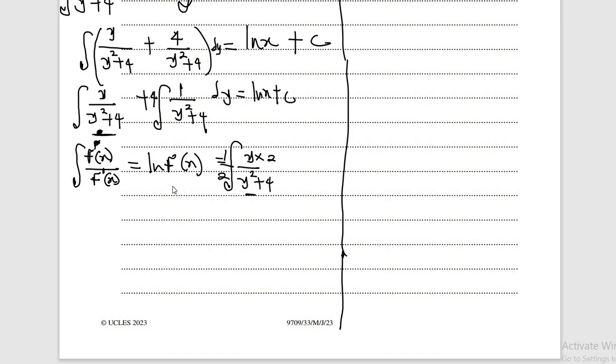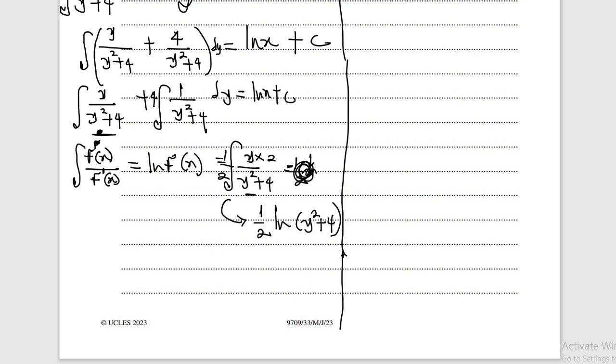So when you differentiate the denominator, y² + 4, it gives you the numerator. The answer will now be 1/2 ln of the denominator. That's how to integrate such a function.